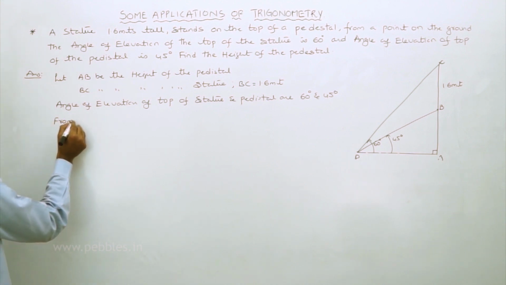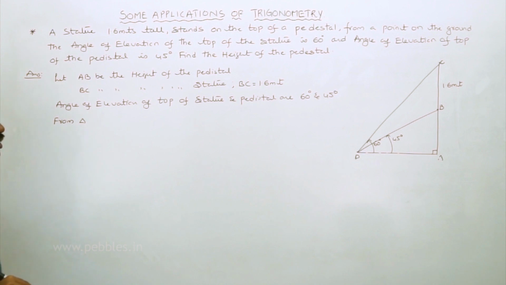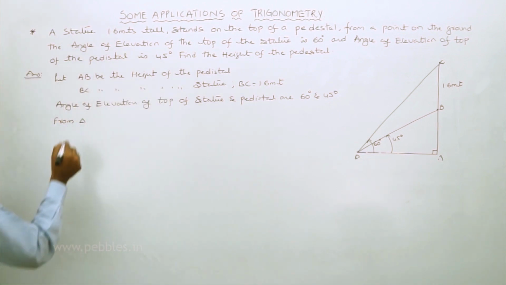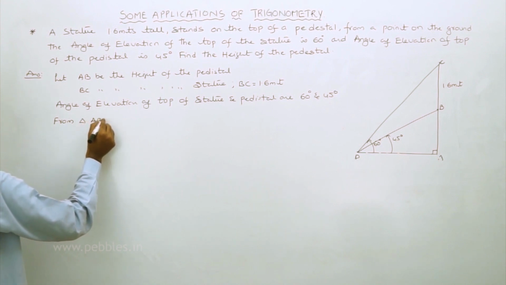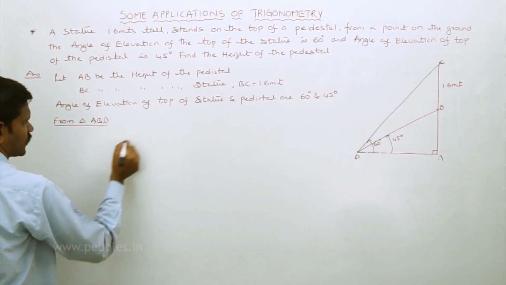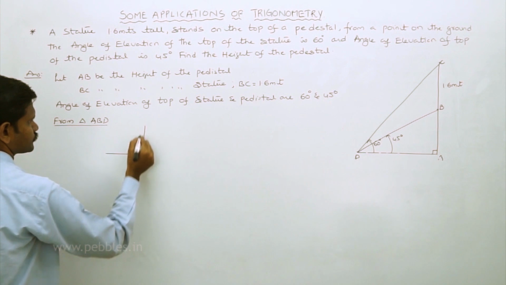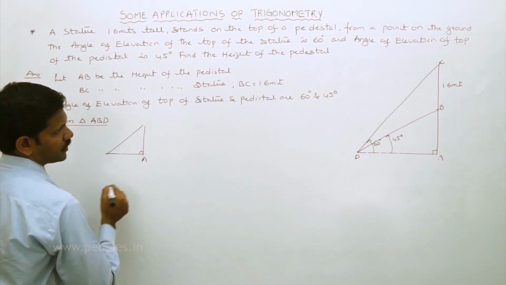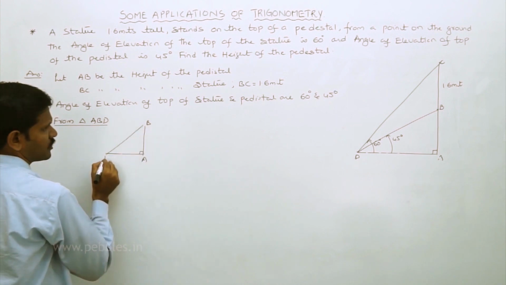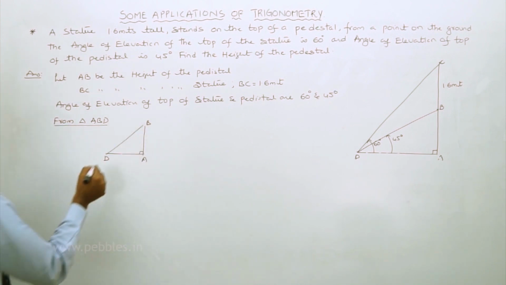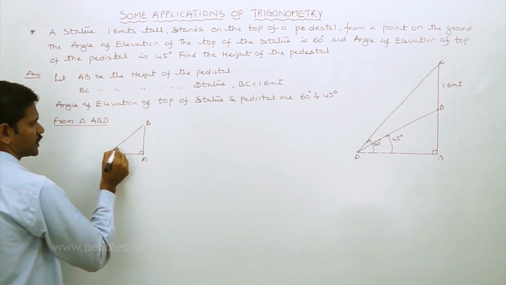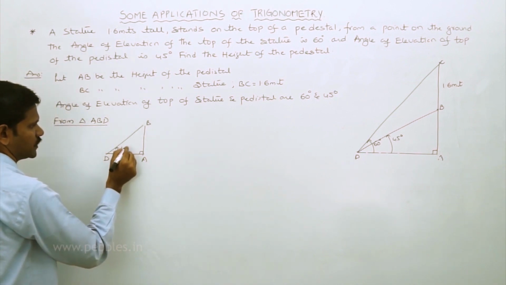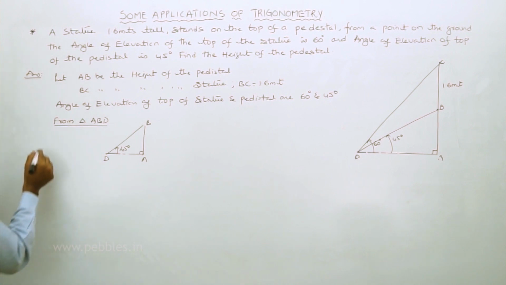Now take the small triangle ABD, taking the triangle out, the right angle is at A, and BD makes an angle of 45 degrees. Apply the tan function.